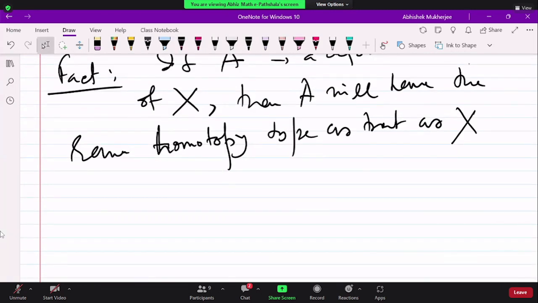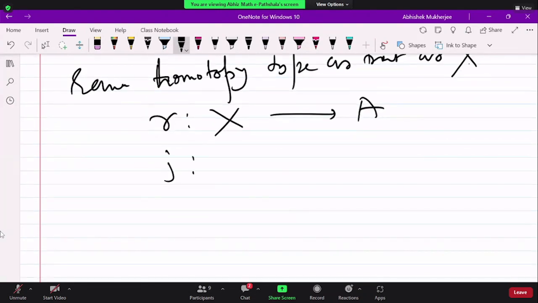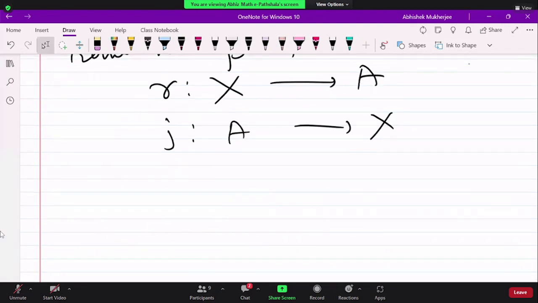What is the reason? Because you have the retraction R from X to A, and you have the inclusion J from A to X. Now you need to check that J compose R is homotopic to the identity map on X, right?